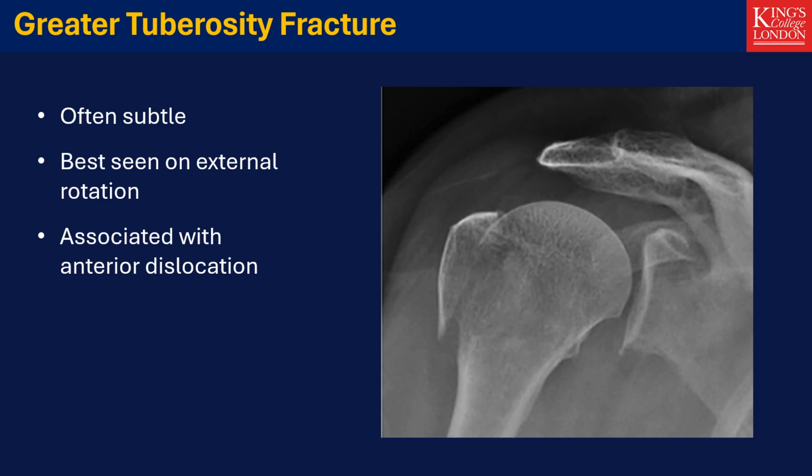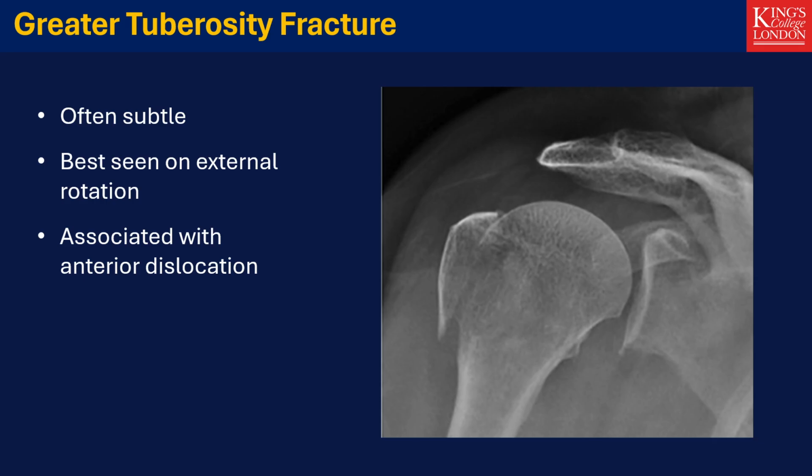These fractures commonly accompany anterior glenohumeral dislocation. Whether you see a dislocation or not, actively search for a tuberosity fragment. Displacement greater than approximately 5 millimeters is clinically significant because it alters rotator cuff biomechanics and may require surgical consideration.